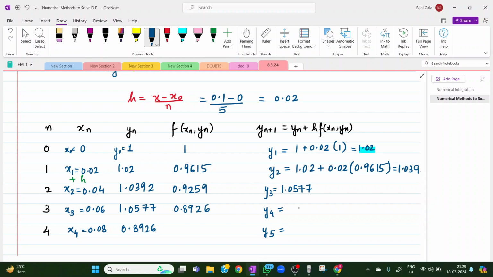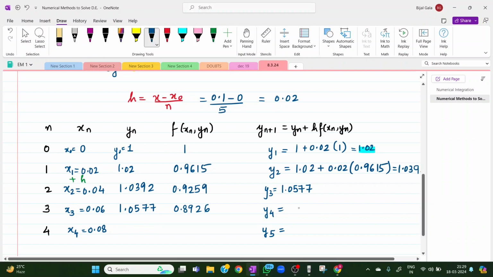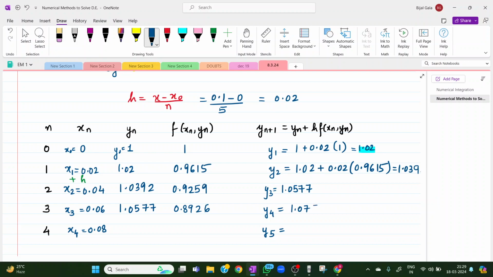Is the value of the function, and then what is this coming to? This is wrong. That's the value of the function. What are you getting the y4 value as? 1.0756. Correct, correct. 1.0755 आ रहा है. Now go for y4 is here 1.0755.